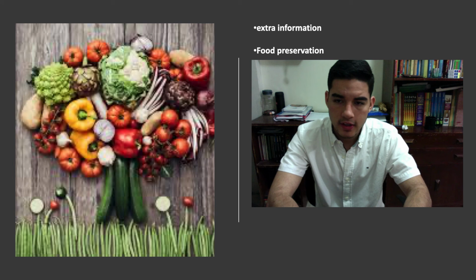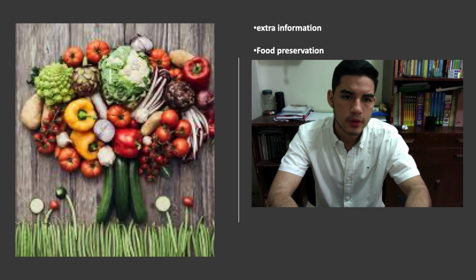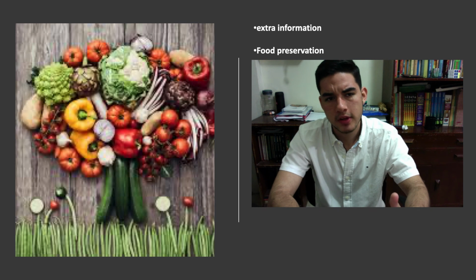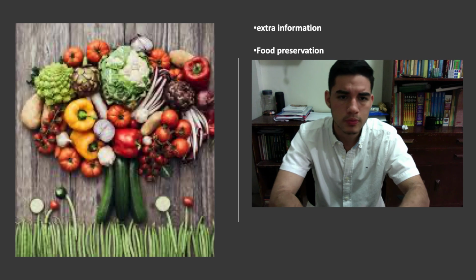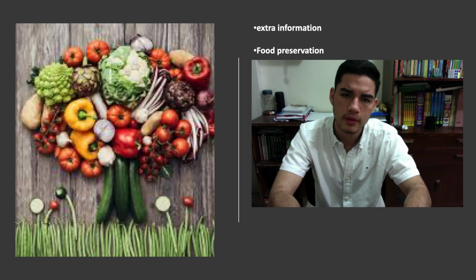And to end, I would like to talk about food preservation. In this slide, it is mainly about three methods of food preservation. The first one is salting and pickling, which mainly removes moisture from foods like meat.